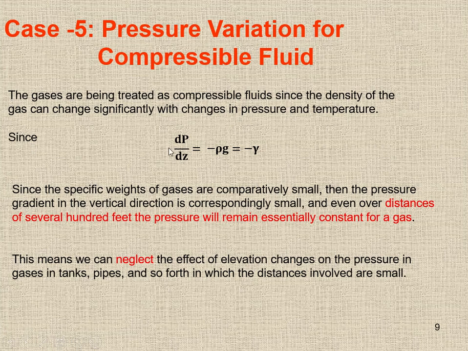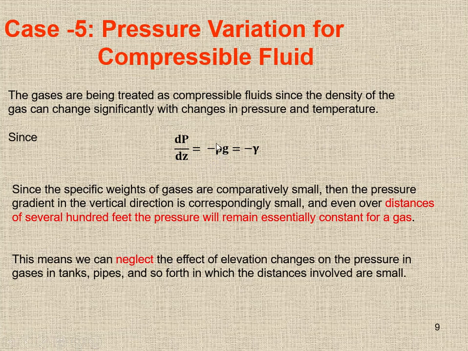This is the equation we derived, that the pressure varies as the elevation increases or decreases, and it depends on the density of the fluid. If the density is constant, it only depends on the height.